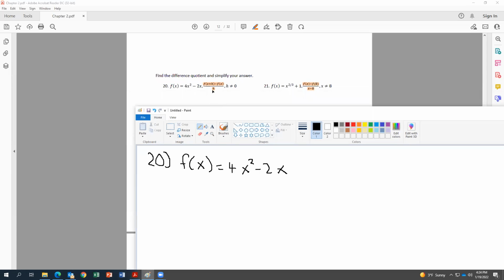The first thing you need to do is figure out what f of x plus h is. To do that, you replace all your x by x plus h. So it's 4 times something squared minus 2 times something, where the something is x plus h.